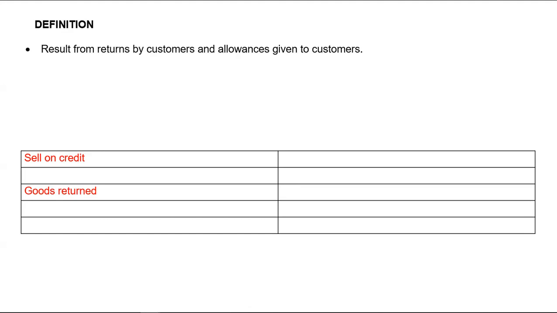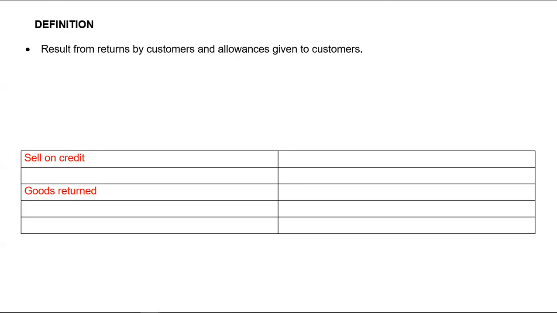Basically, when a customer returns goods, that will be regarded as debtors allowance. An allowance is simply a reduction of the purchase price. The original marked up price will be reduced, and that reduction is called an allowance.